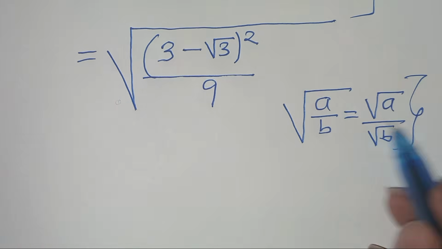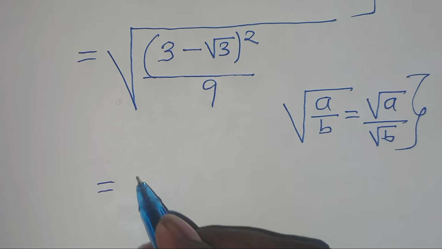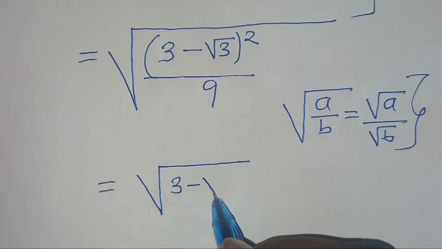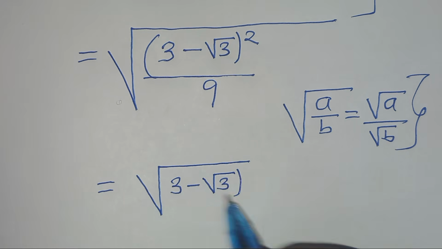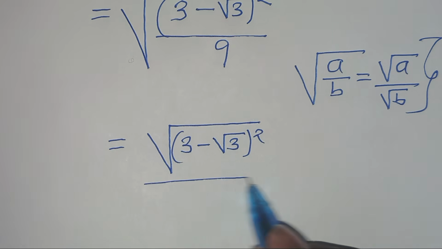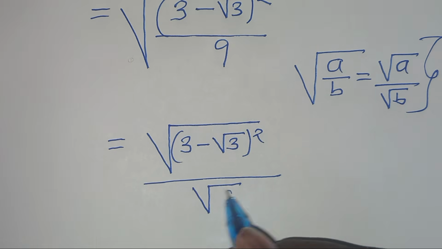Now, applying this property, it follows that here we have 3 subtract square root of 3 raised to the power of 2, then divided by square root of 9.